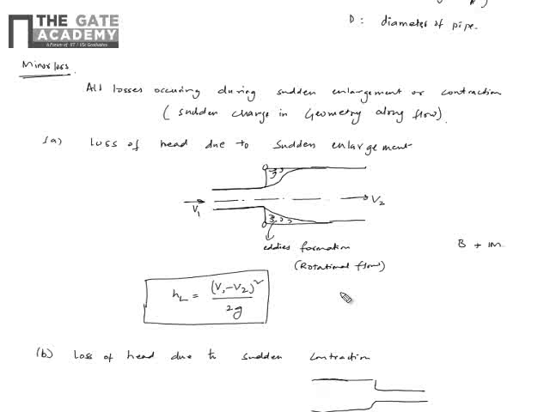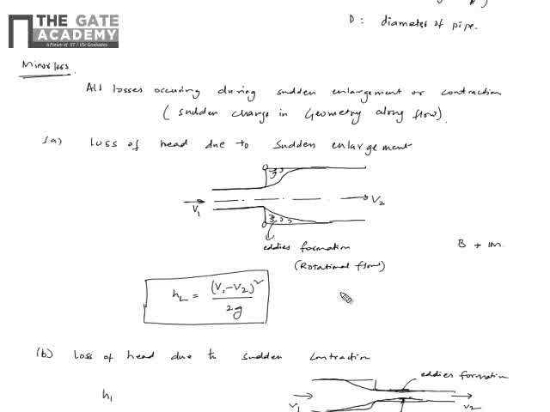It follows, but when the cross section change takes place, it can't follow the sudden change. So there is some kind of eddy formation after the cross section change, and then after that it follows. Let's say upstream the velocity is v1, downstream it is v2.